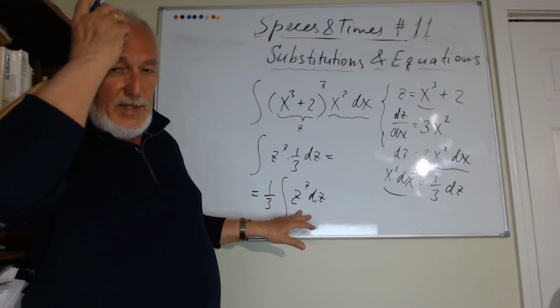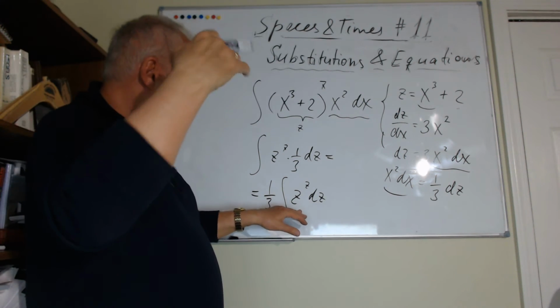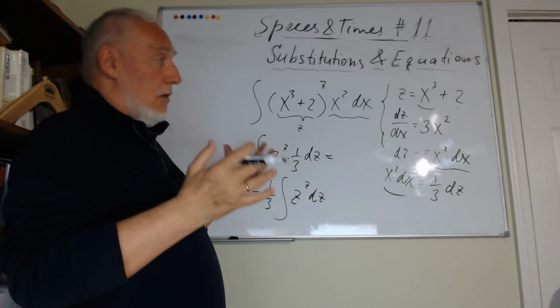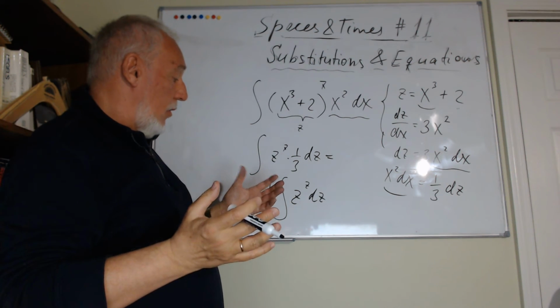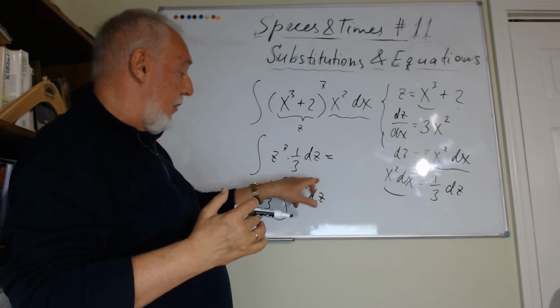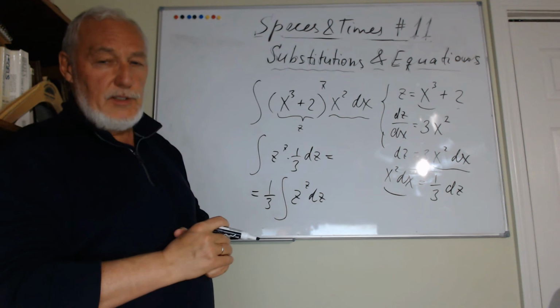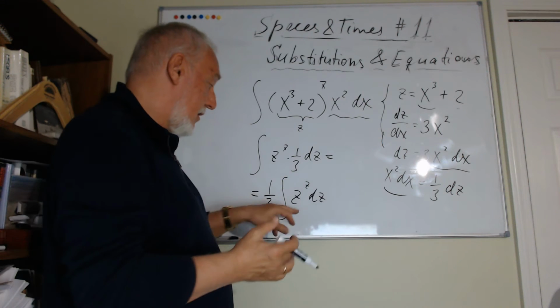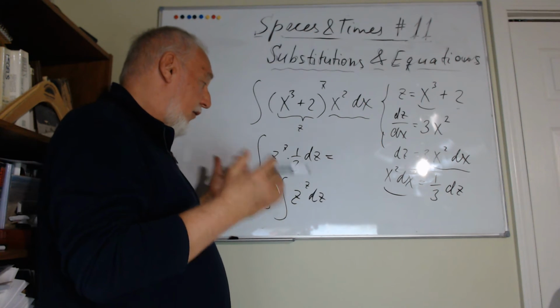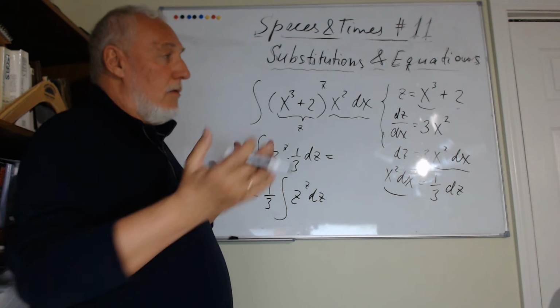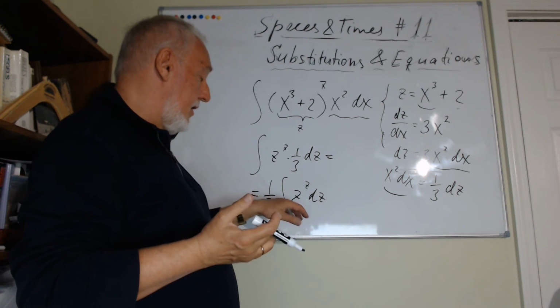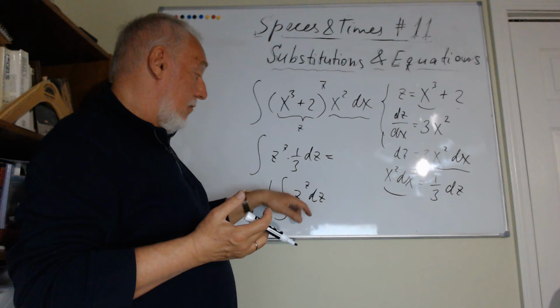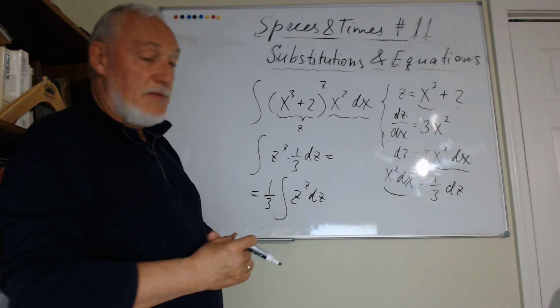You should find out what function you can imagine that when you take the derivative it will be z to the power of 7. What do you think? What function would it be? Because it's the inverse thing. Just imagine some function whose derivative will be z to the power of 7.